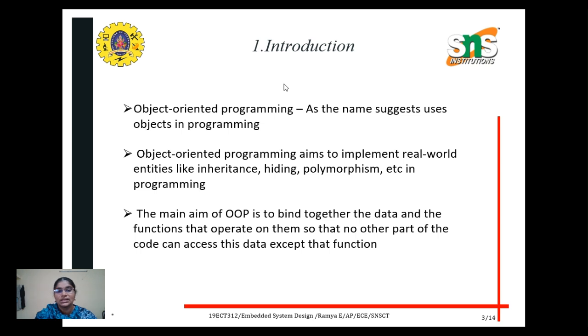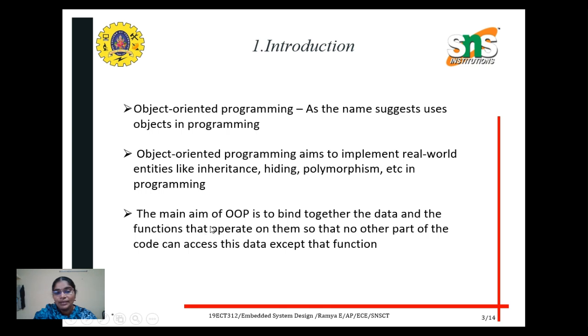What is the OOPS concept? The introduction is object oriented programming. As the name suggests, it uses objects in the programming. So now you have a question, what is an object? Object oriented programming aims to implement real world entities like inheritance, hiding, polymorphism, etc. in the programming.